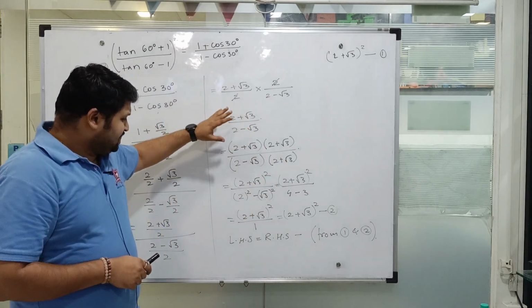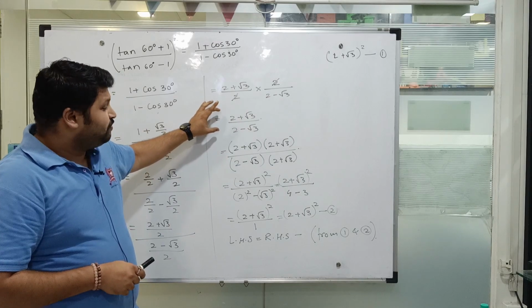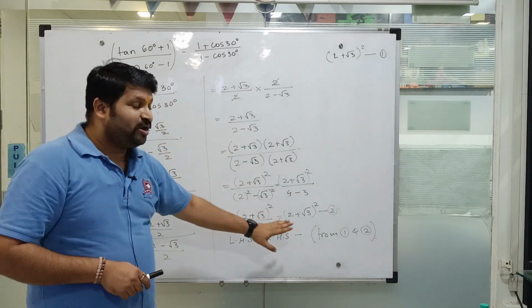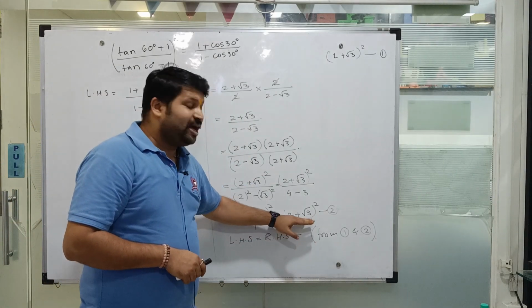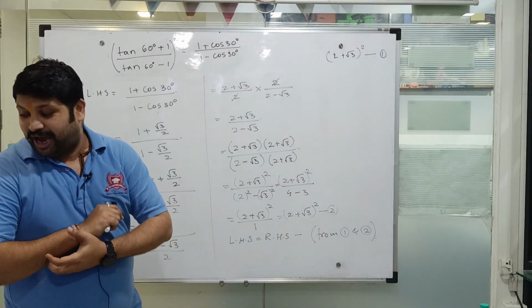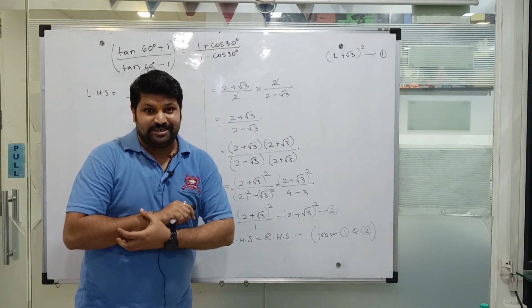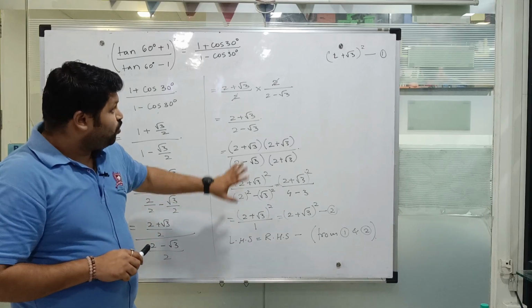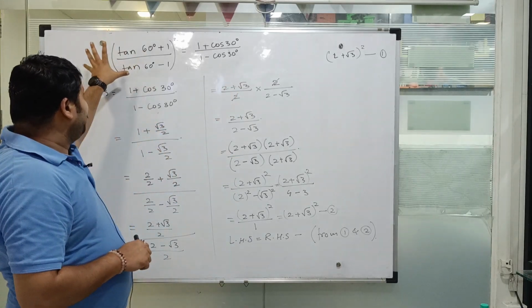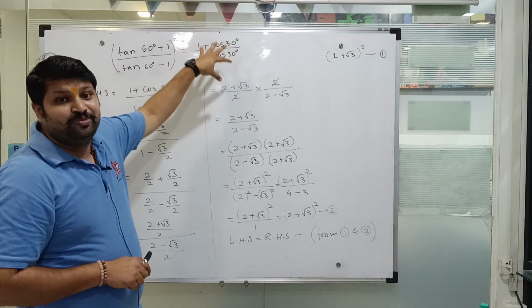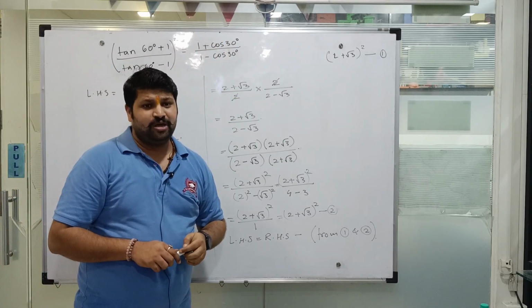That is the only reason I have converted the irrational denominator into a rational one, with the irrational number in the numerator, and the denominator is rationalized. So from 1 and 2, we can say that my left hand side is equal to my right hand side.